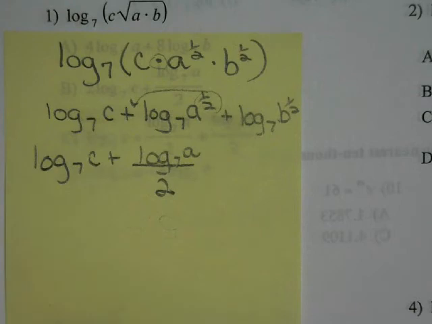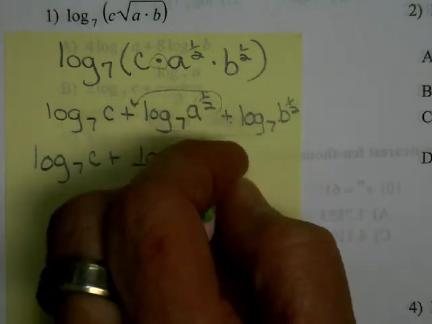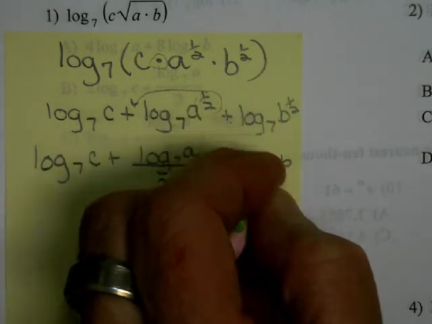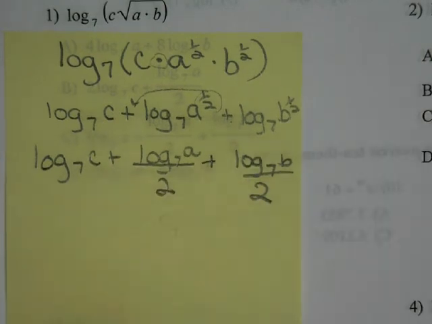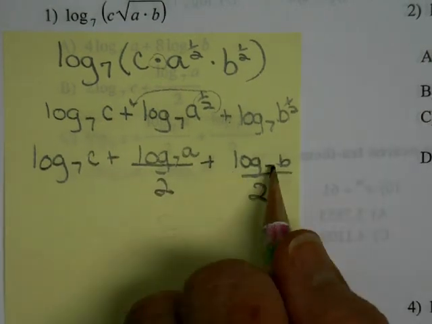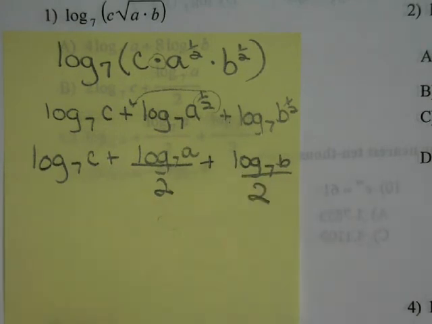Plus, the 1/2 comes out front here, so it's log base 7 of b over 2. Because when I multiply 1/2 times something, it's numerator 1 times log base 7 of b over denominator 2. So that is choice C.